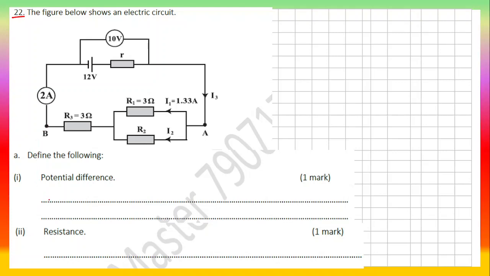It's always about the energy being transferred by each unit of a charge. So here we can say potential difference is the energy per unit charge, of course, as it moves from one point to another.